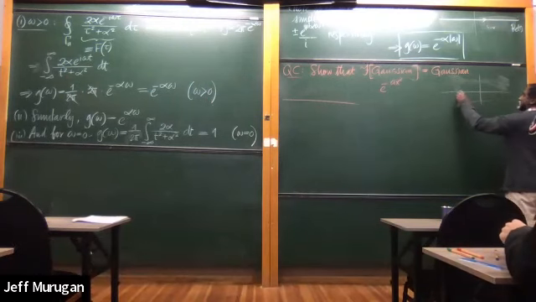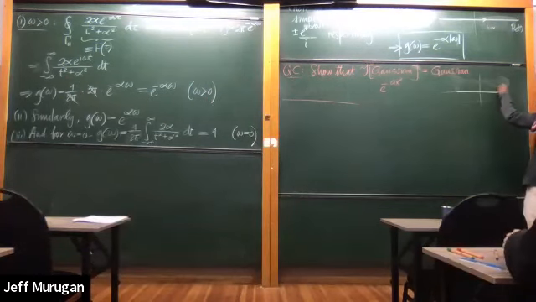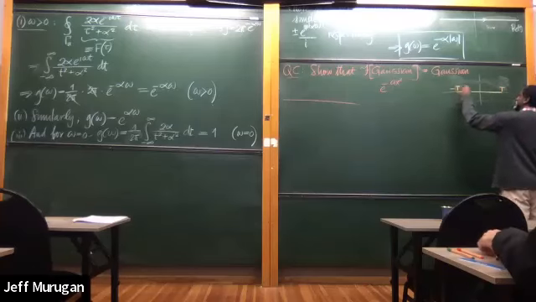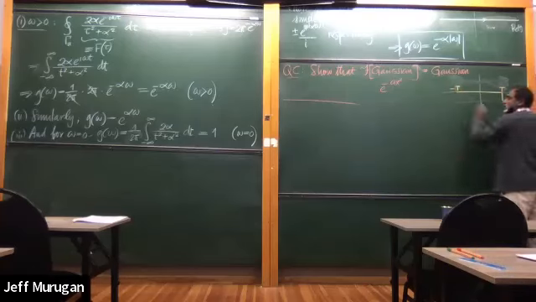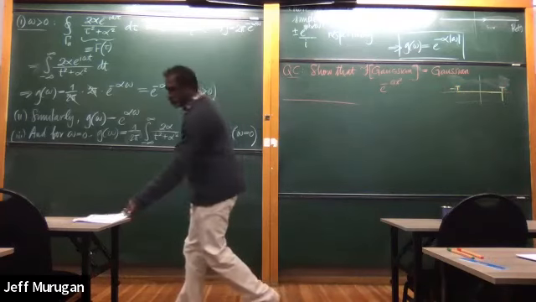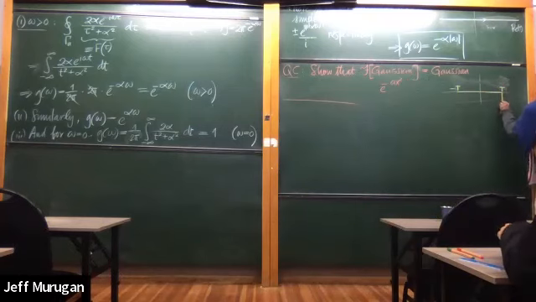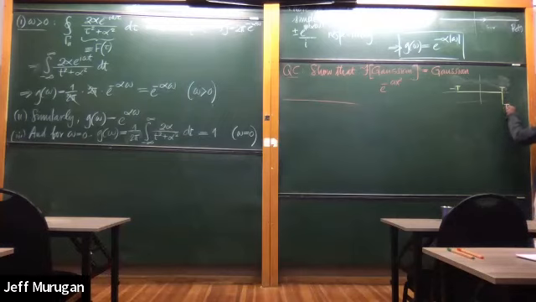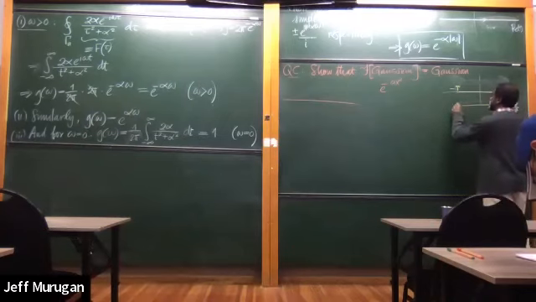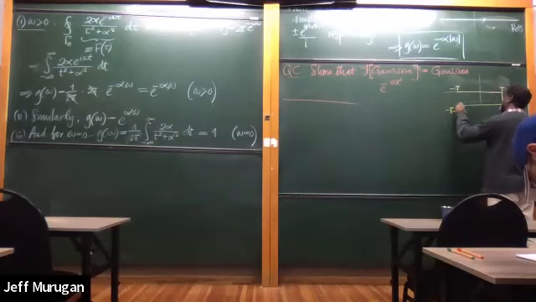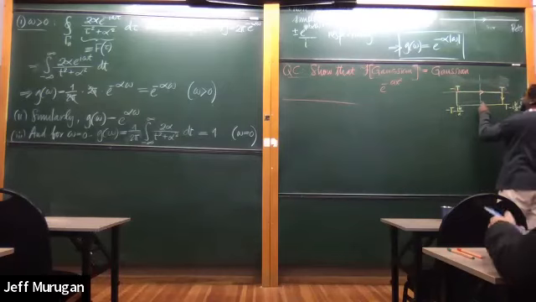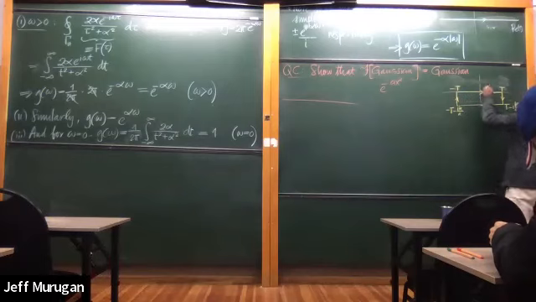Then we want to integrate along the one that goes from minus t to t, then down to t minus i k over a, then across to minus t minus i k over a, and then up to minus t. Do the integral on this curve.